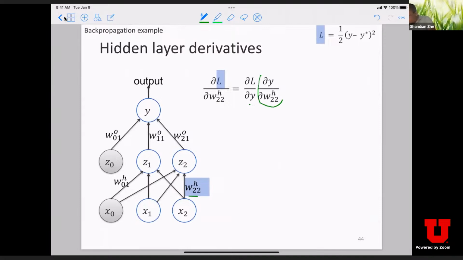Now the question is, how do we compute this? We need to look at how Y depends on W22H.